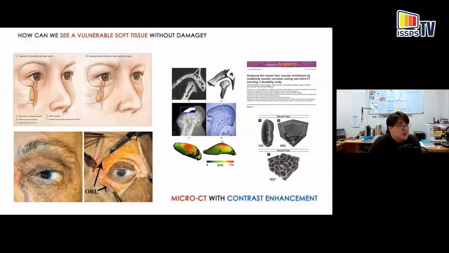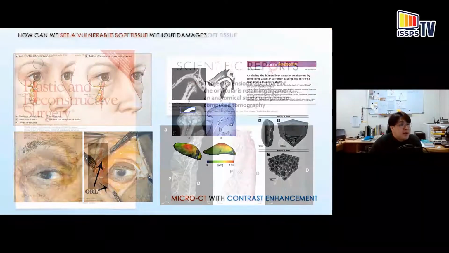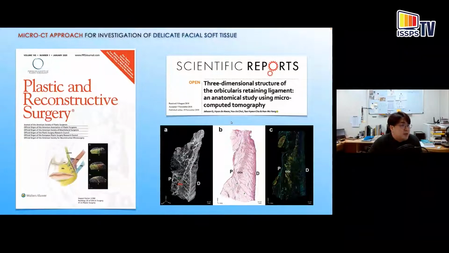We found contrast enhancement makes the soft tissue very distinct in the CT image. So my team optimized the image enhancement protocol of soft tissue using a contrast agent.